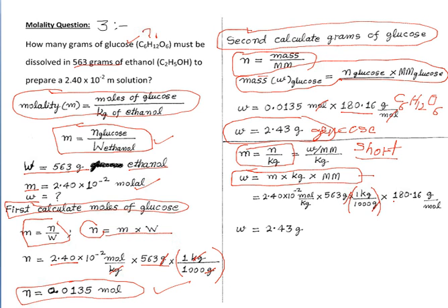And then you have to use the molar mass of glucose, 180.16 grams per mole, and once you multiply all three values together, you will end up with the same value as we got with the first method.